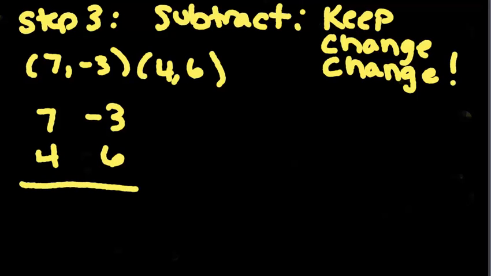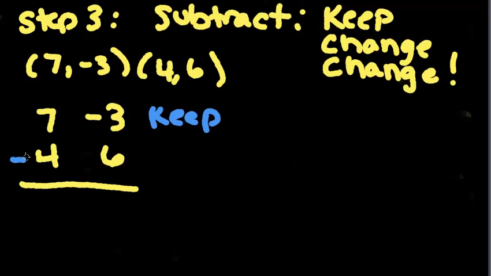Now we're going to be subtracting these 2 points, so I'm going to put a subtraction sign here. Keep, change, change means I'm going to keep the first 2 points exactly the same. Since I'm subtracting the second 2 points, I'm going to turn that subtraction symbol to a plus, and I'm going to change the 2 numbers on the bottom to their opposites.